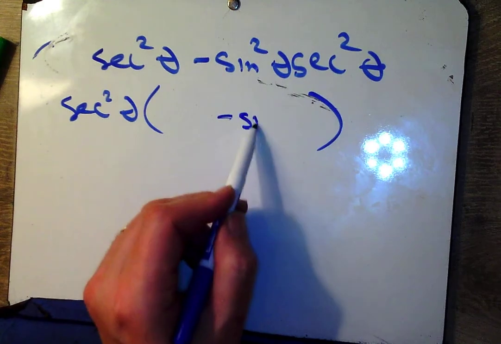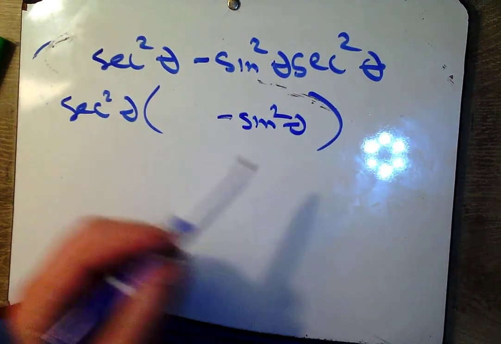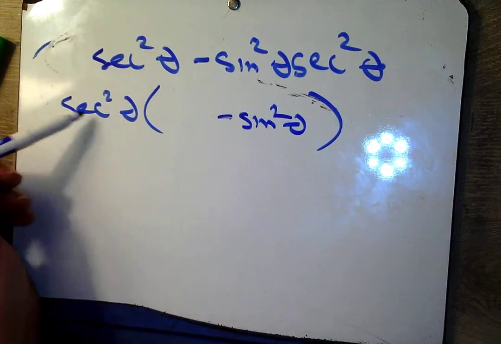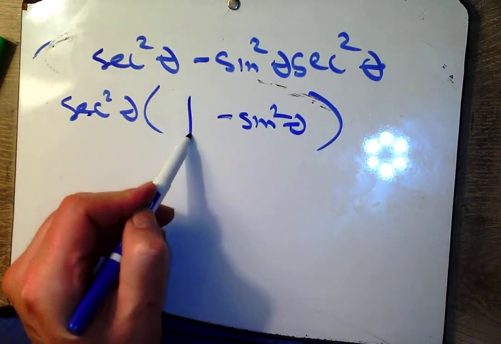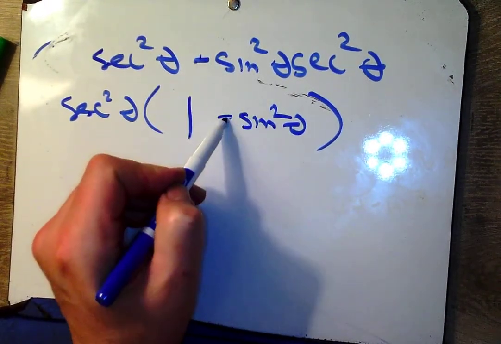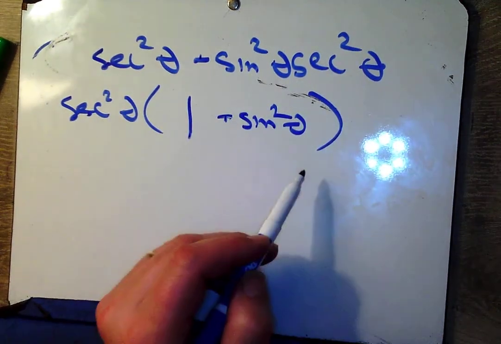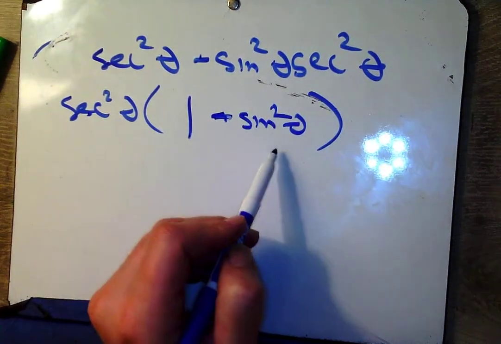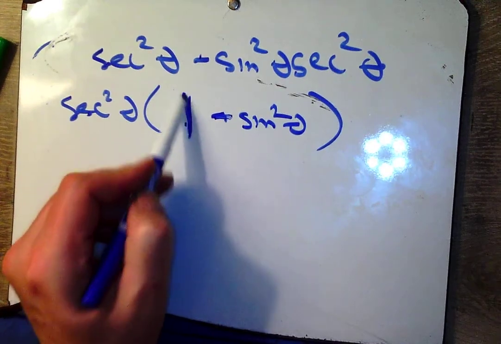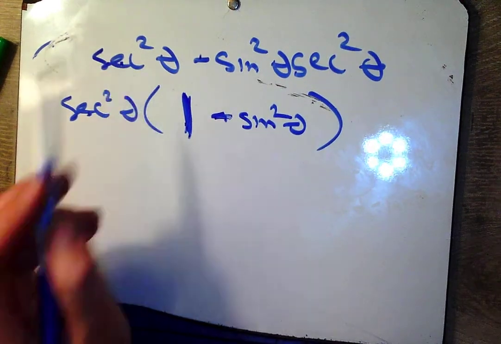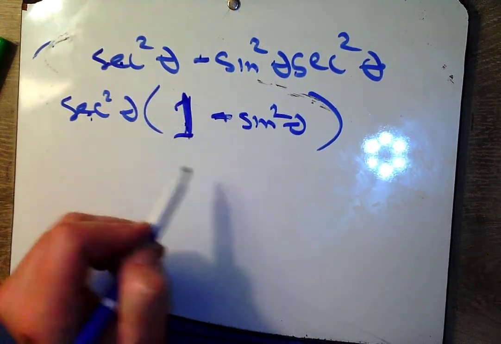Please don't say minus sine squared. Secant squared divided by secant squared is 1. And we have our minus. If we divide here by secant squared, the squares cancel, we can do that. So I love the minus sine squared, but please remember the 1. This thing divided by itself is going to be 1.